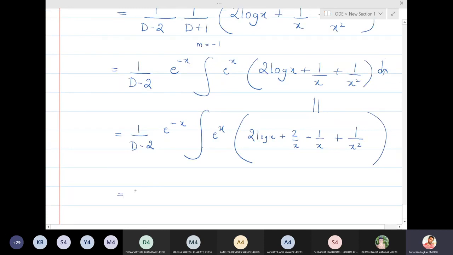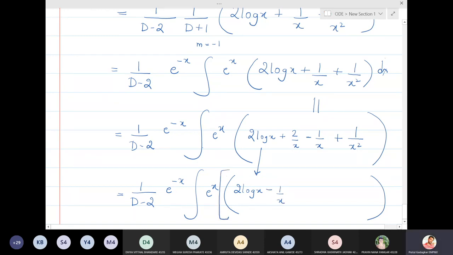And therefore when I collect the things together, automatically you see a very big adjustment is done. This means that e raised to x into (2 log x minus 1 upon x): this is f, and what is the derivative? The derivative of 2 log x is 2 upon x, and for minus 1 upon x, the derivative will be plus 1 upon x squared.